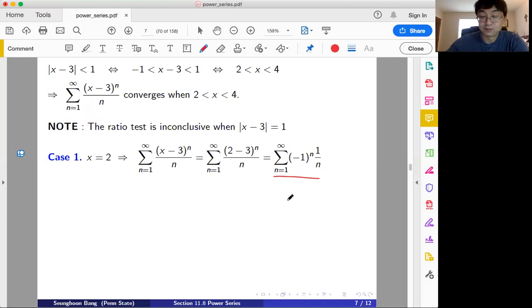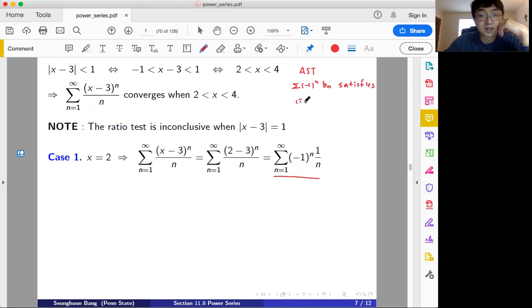Do you have any idea? This is like your previous second midterm exam. Is this series convergent or divergent? Convergent. So which test do you want to use for solving this problem? Yes, the alternating series test. Do you remember the alternating series test? So we have an alternating series that satisfies two conditions.